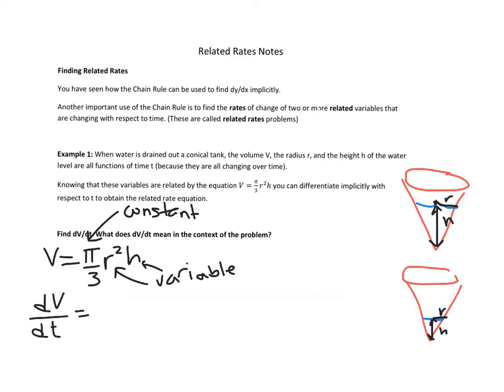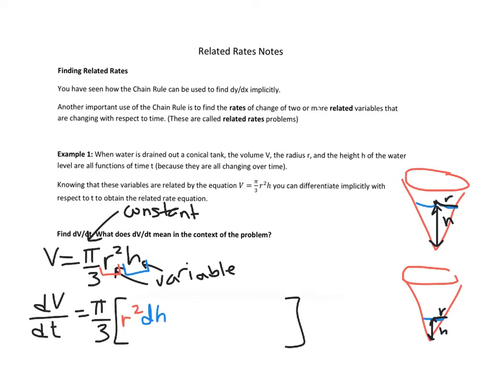We need to use what we know about taking derivatives. I'm going to keep my constant out front and just ignore it. And then I'm going to use the product rule. My first term is r squared. My second term is h. So when I use the product rule, I'm going to do my first term, r squared, times the derivative of my second, which is going to be dh.